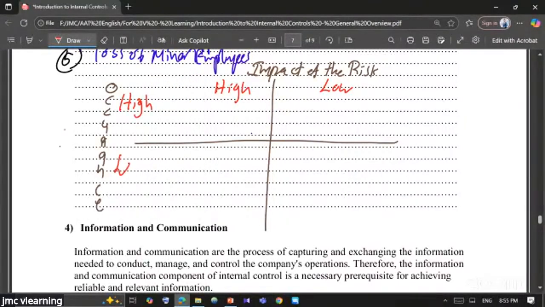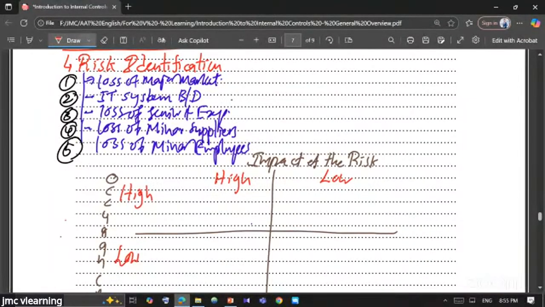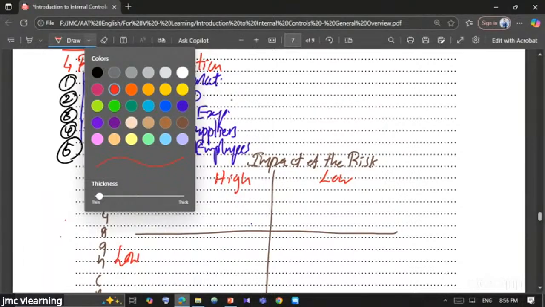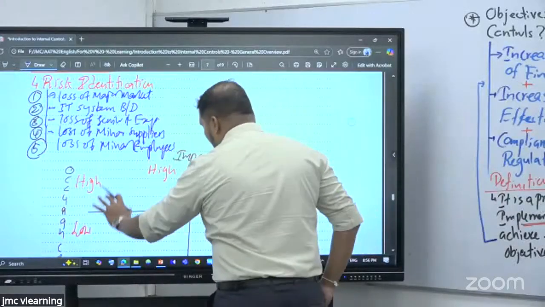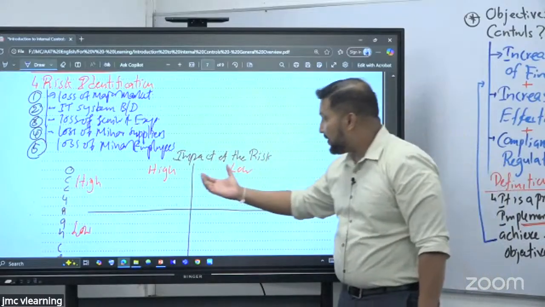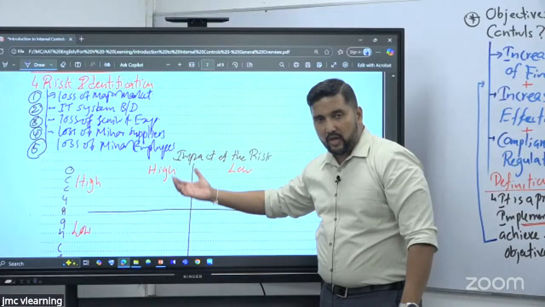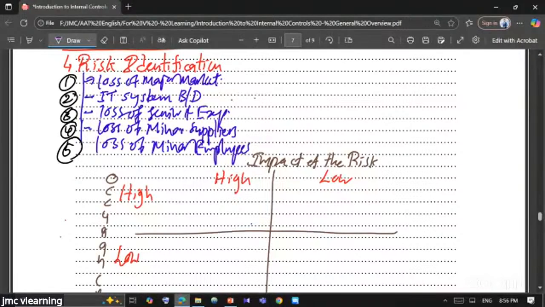The risk which I identified under risk identification, I will be putting into this cage. That is what you referred to as risk analysis. So you are analyzing the risk depending on the impact of the risk and the occurrence of the risk.